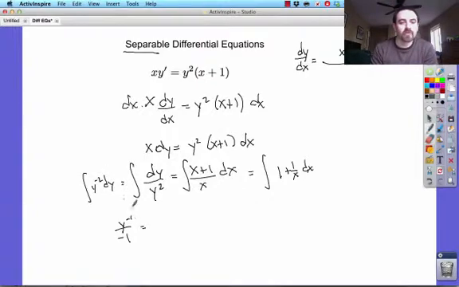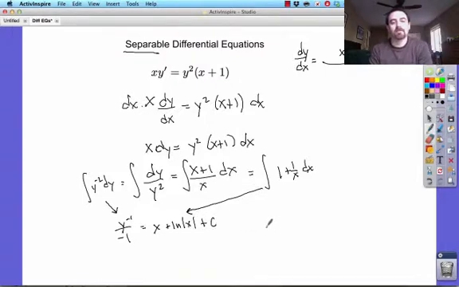So I integrated this, and now I'm going to integrate this over here. The antiderivative of x is x. The antiderivative of 1 over x is ln of the absolute value of x plus an arbitrary constant c. All right, so what I have here is negative 1 over y equals x plus ln of absolute value of x plus c.